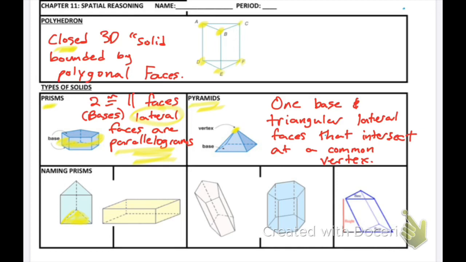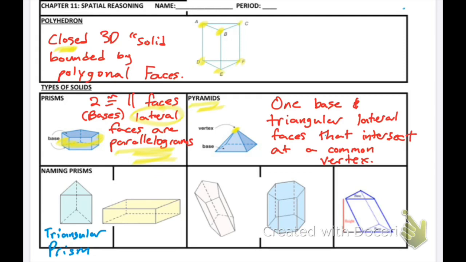Notice it's a prism because I have two congruent bases. The top and the bottom are both triangles. My lateral faces, the faces going around the side, those are all parallelograms. So to name this, I'm just going to go off the base. I'm going to say, what's the shape of my base? It's a triangle, so all I'm going to say is that this is a triangular prism. And that's my answer.